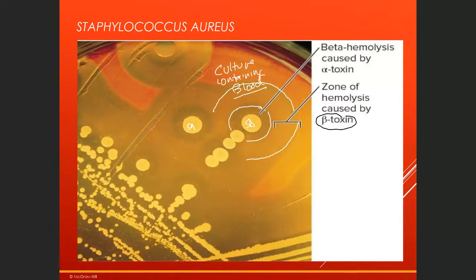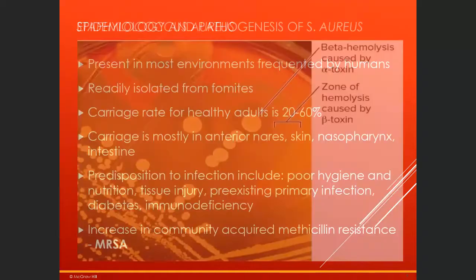So there are two toxins, the alpha and the beta. Alpha causes this digestion around the Staphylococcus aureus, and the other gives this indication of the presence of beta toxin.